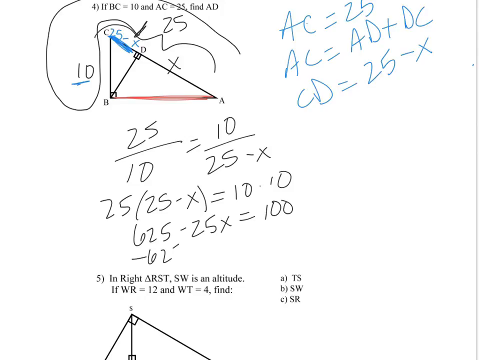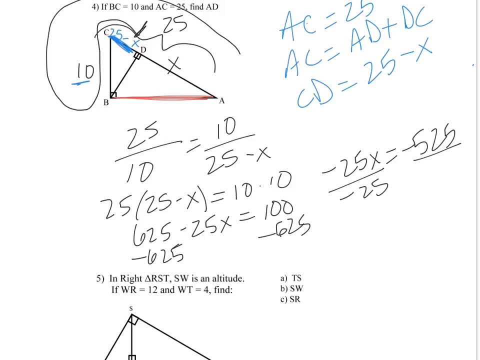I could minus 625 from both sides and get negative 25x equals negative 525. And then I can divide by negative 25. And x is going to be equal to 21. Think about that for a second. If this is in fact 21, then CD is going to be 4.